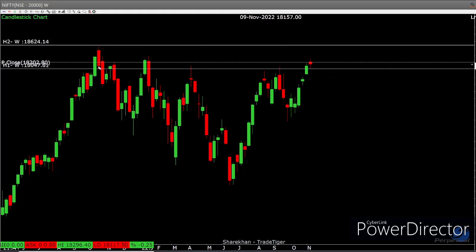So the supply zone that I marked here is a rally, base, and a drop. So the rally is this green candle, this is the basing, the red candle, and this is the drop.